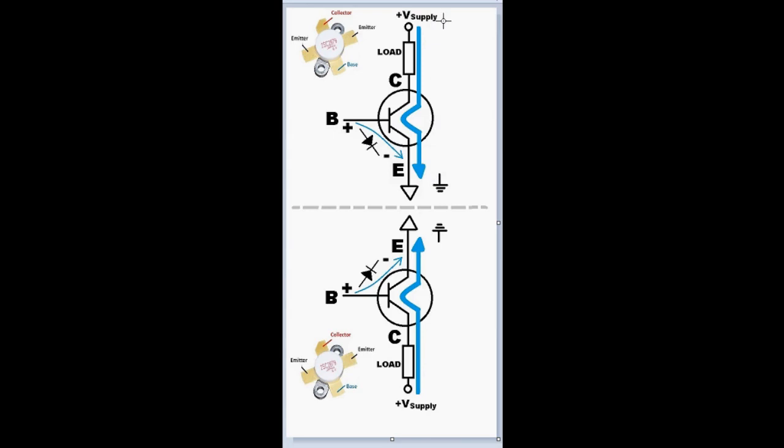In the upper section it's flowing down the page. In the lower section it's flowing up the page, but it's still flowing from a higher potential, which is the supply, down to ground. So we have to imagine that, and it's a mirror image. There's two conducting paths, both from the supply to the ground, with these two mirror image transistors.